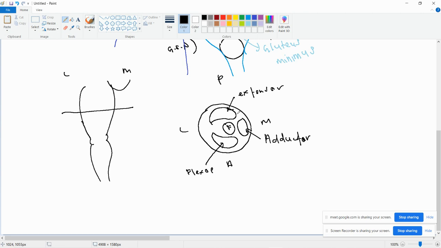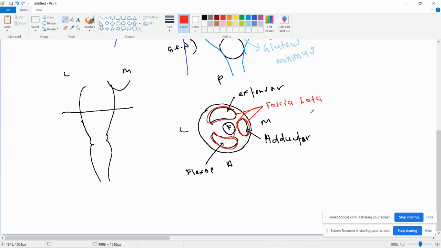And all these compartments, why do we have compartments? Because all these compartments are separated by connective tissue, which arranges all these muscles into compartments. This connective tissue that you can see here, which divides your muscles into compartments, we call fascia lata.